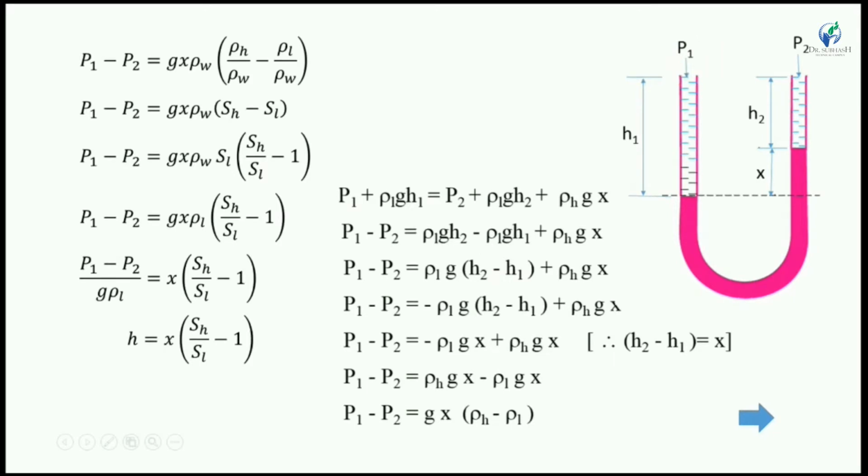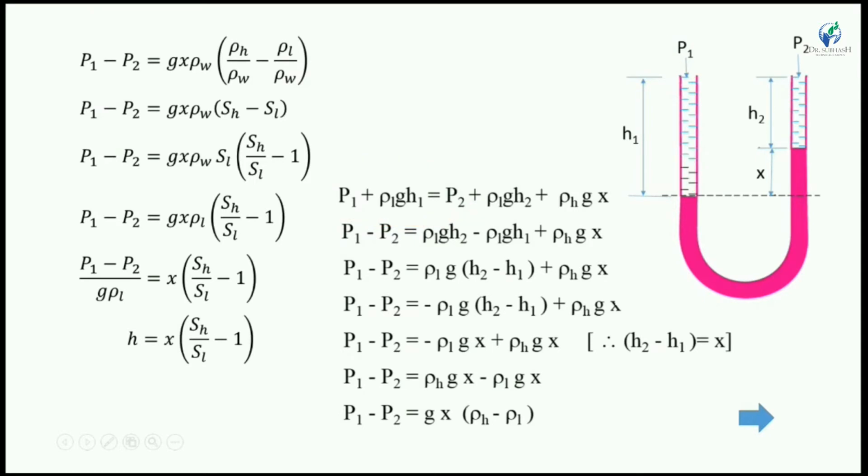Now we consider the datum plane as shown in the figure and equate the pressure above the datum line on the left side and right side of the limb. On the left side of the limb, the pressure is the stagnation pressure P1 plus the pressure due to the column height of liquid, rho 1 g h1.